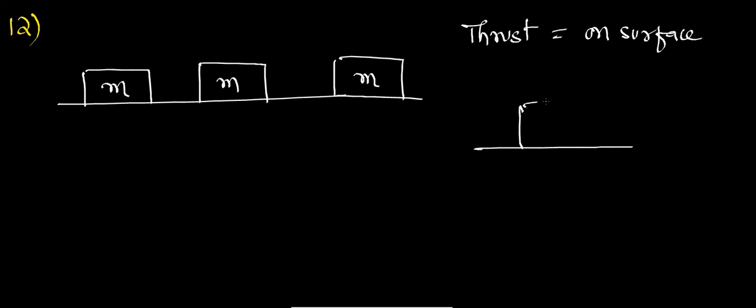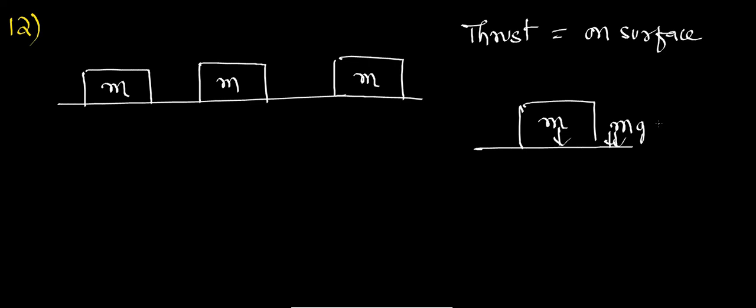I told you, thrust is nothing but the perpendicular force acting on the surface. If you take thrust, it is the force of the liquid acting on the body. This is just thrust, that means for solid objects. When you take a block of mass m, its weight mg will be acting on this surface. Now this mg is nothing but the thrust, the perpendicular force acting on the surface.